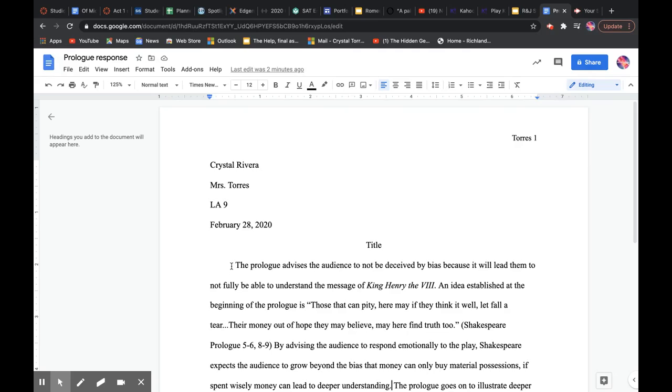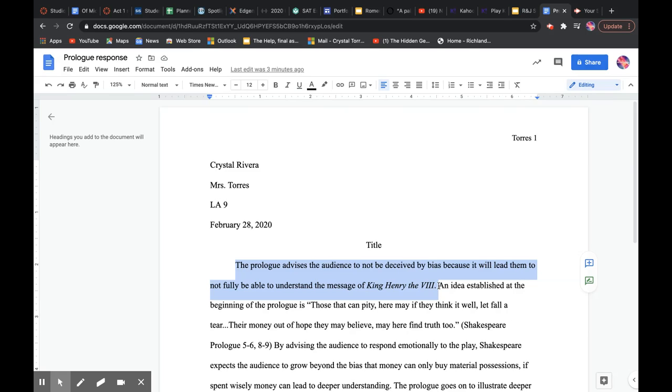So, my answer to that question: the prologue advises the audience to not be deceived by bias because it will lead them to not fully be able to understand King Henry VIII. Notice how I use a portion of the question in my response, my first sentence.